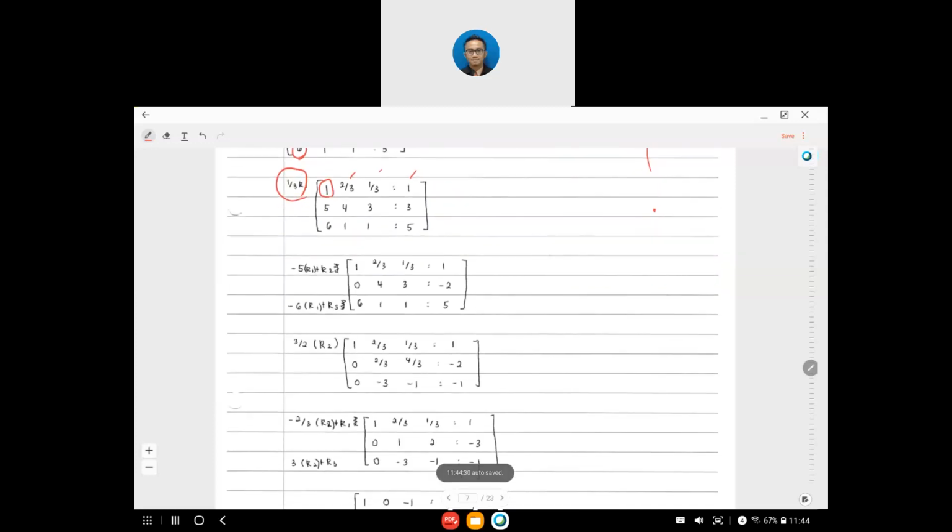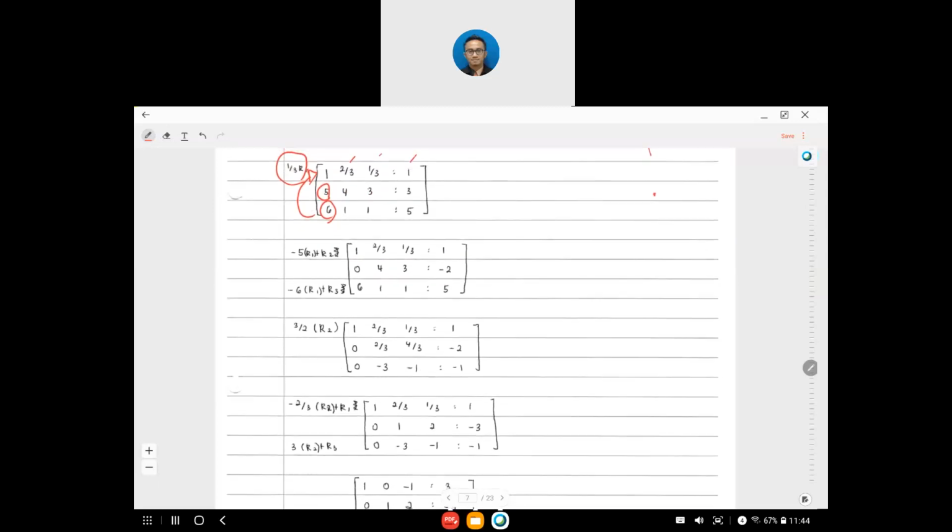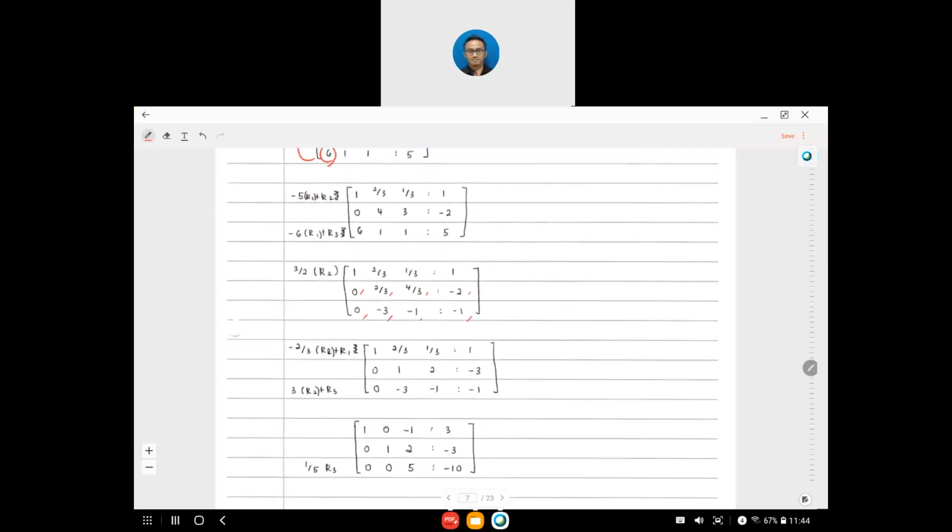And then next, our target is to produce this one become 0 by using row 1. Okay, so bila row 1 awak akan dapat yang ni lah. Okay, 0, 2/3, 4/3, negative 2, 0, negative 3, negative 1, negative 1. And then next, our target mana ni?